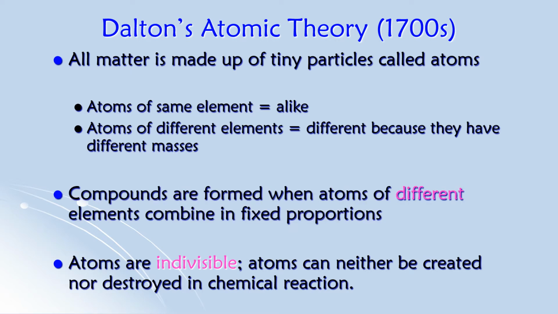And then he said that when compounds are formed, we have different elements combining in fixed proportions, which means if we are looking at water, water is H2O, which means we have two atoms of hydrogen and one atom of oxygen combining together to make water. If you take out a hydrogen and just have one hydrogen and one oxygen combining together, that is not going to be water.